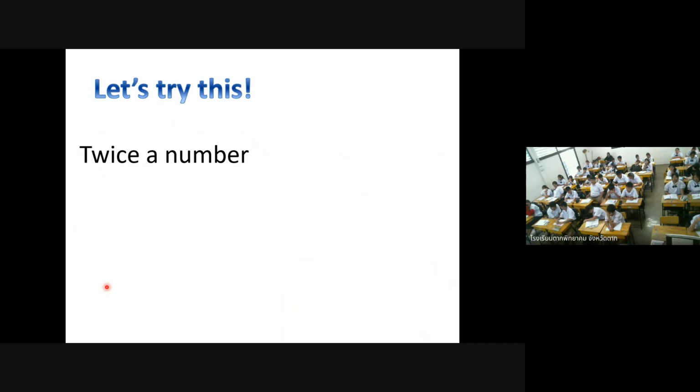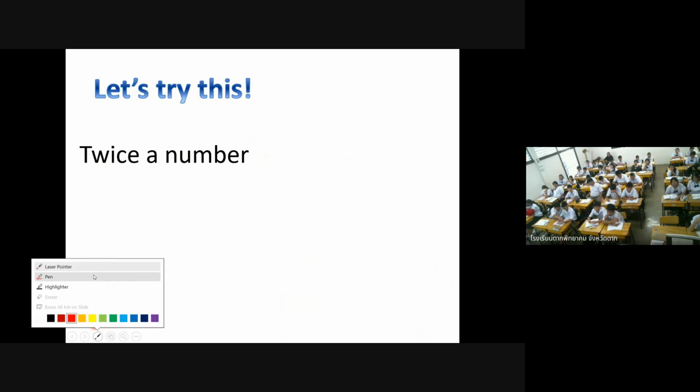Now, if you see the word number, this is being translated into any variable. A variable can be X or Y or letter A. So if you have twice a number, what is it?